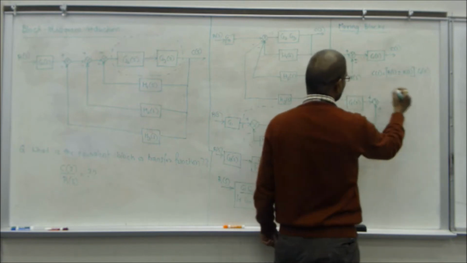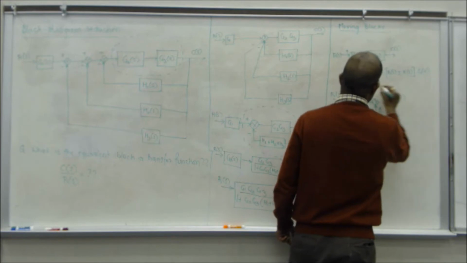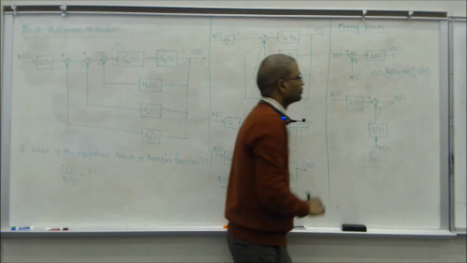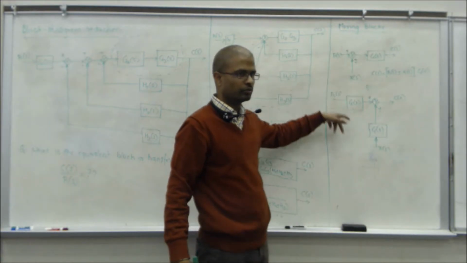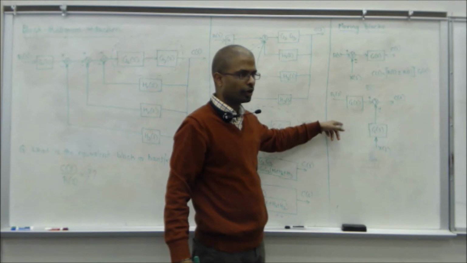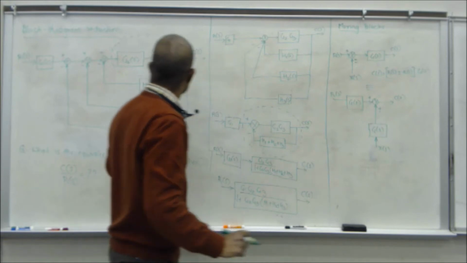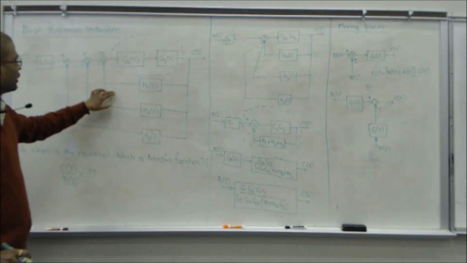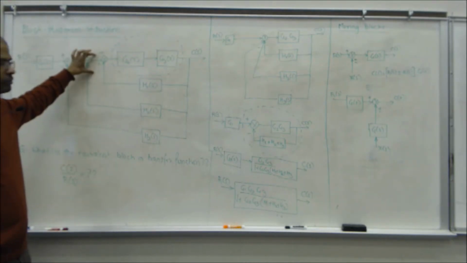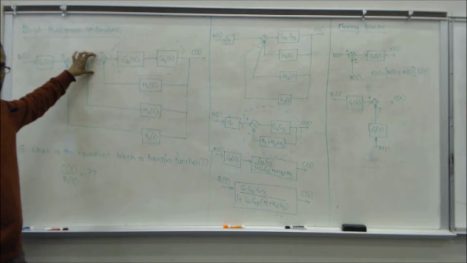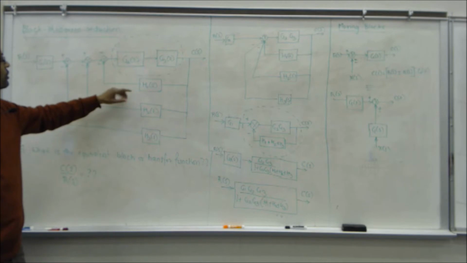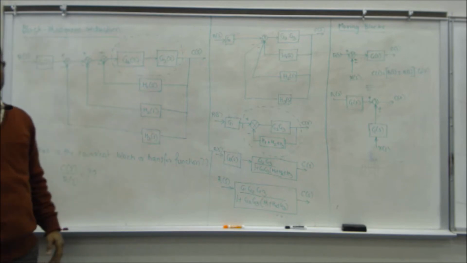So these two are equal, this one and this one. Okay? So you will often be required to do this. For example, even this one, if I had a system here, another system here, you would be required to move this to the other end.